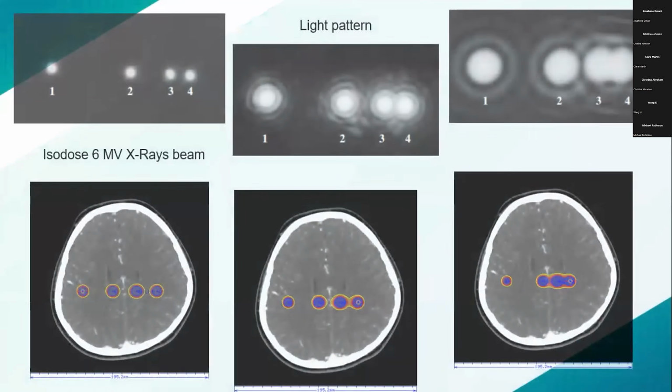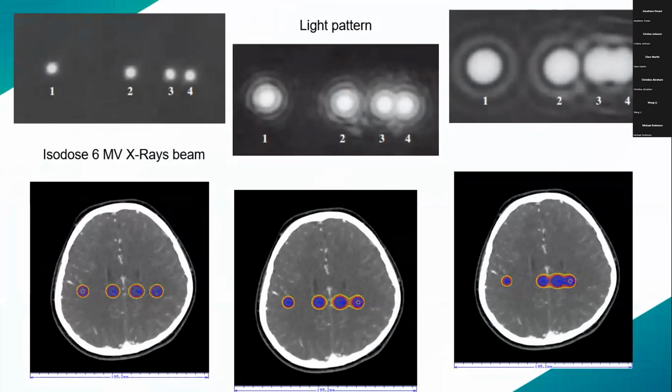And this research was born from these two images. Here on top, we have the image of visible light, and when we have 4 sources of light, we can see a pattern like this.